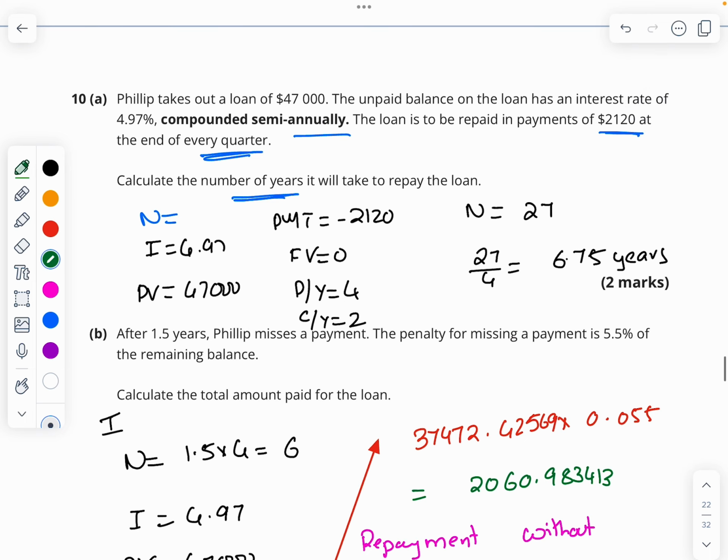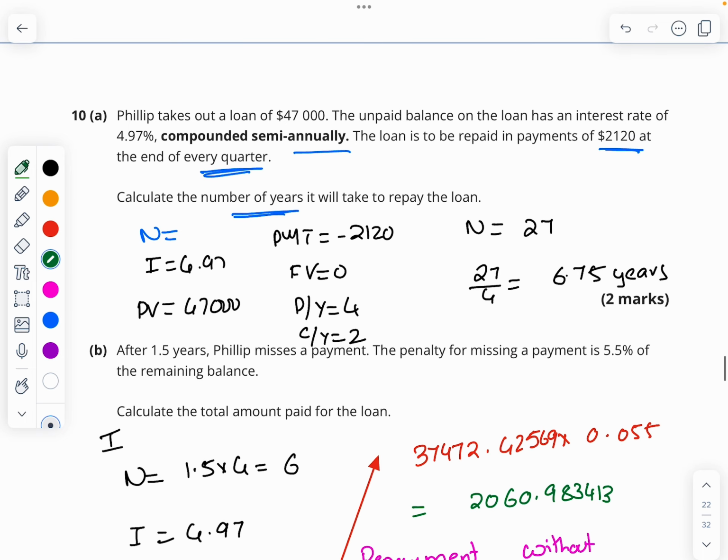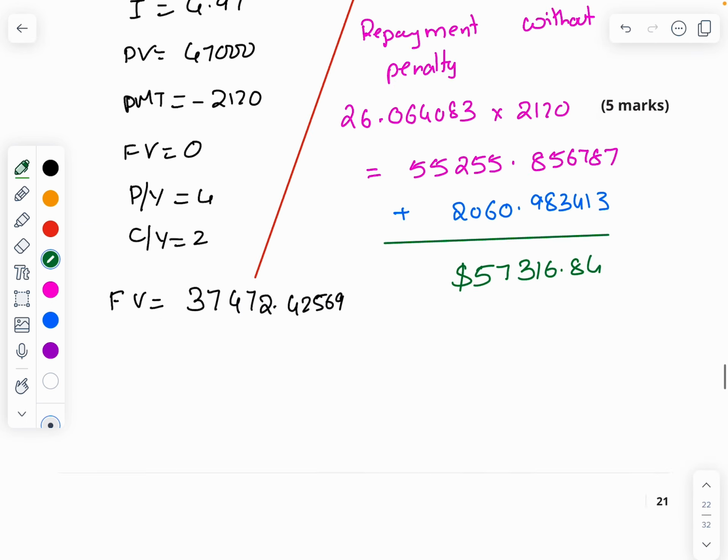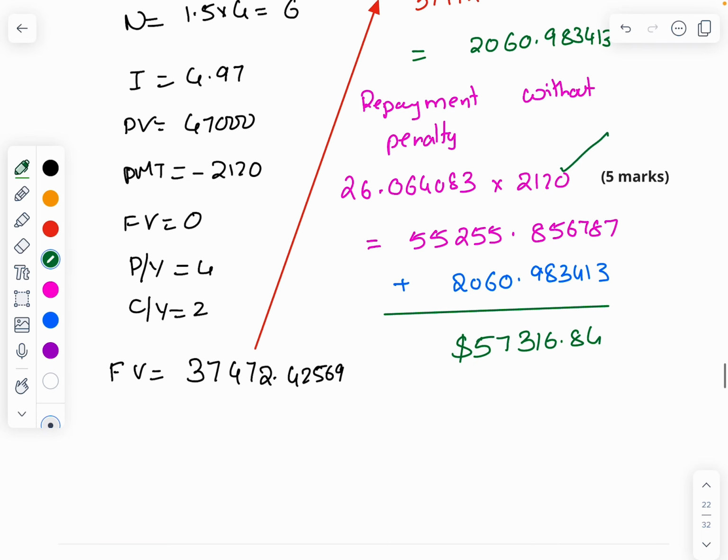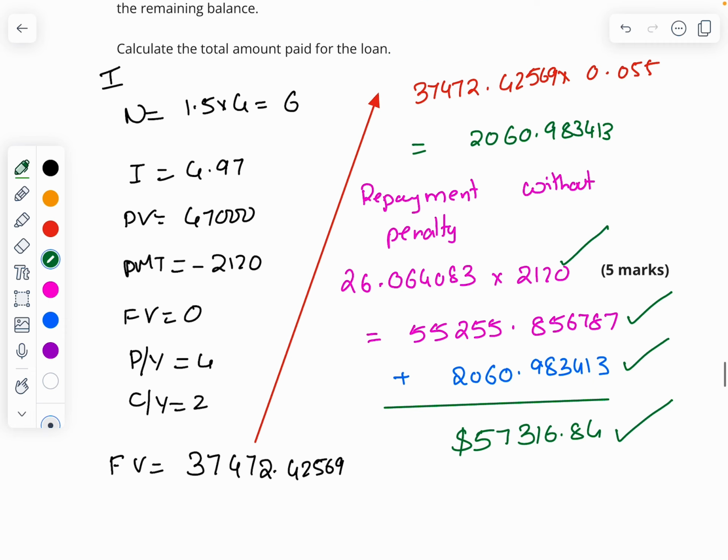In part A, we have done the number of years, the n value was 27, but when we rounded it off it was 27, while the actual value was 26.064083. So these many payments he has to make, and each payment is 2,120. So in total he has paid this one, and this is a fine. So the total amount that he has paid is 57,316. That completes this video. See you in the next video. Bye.